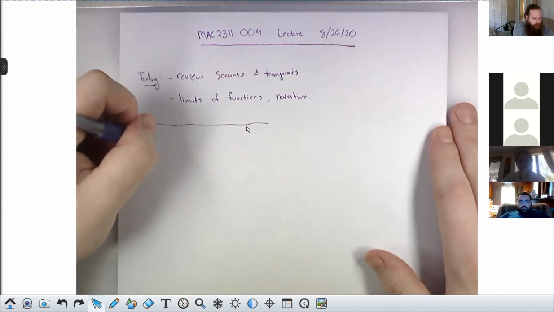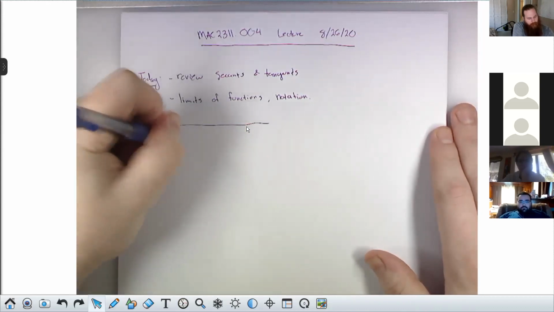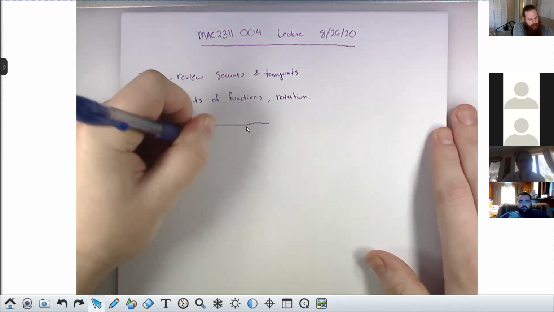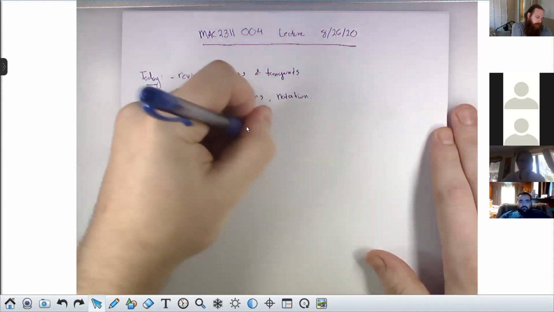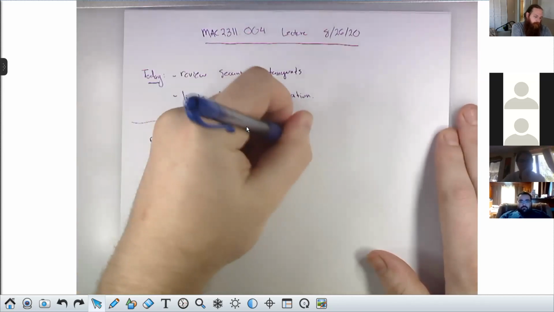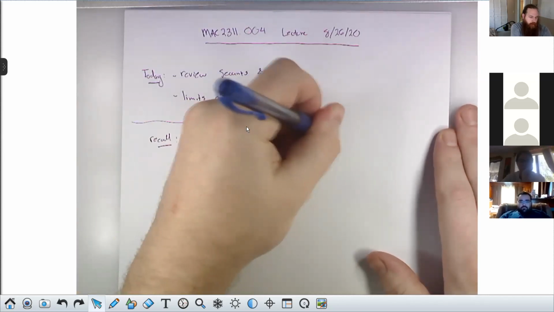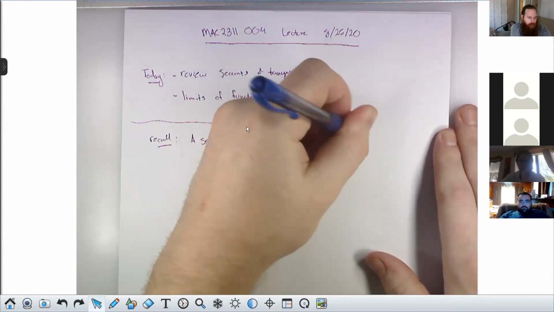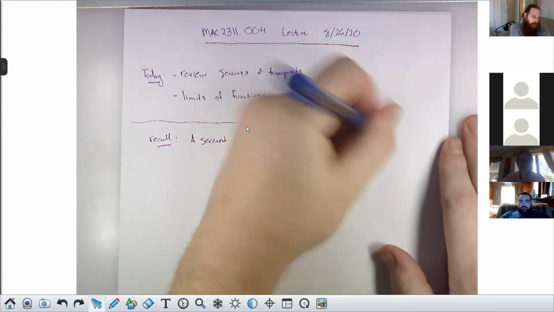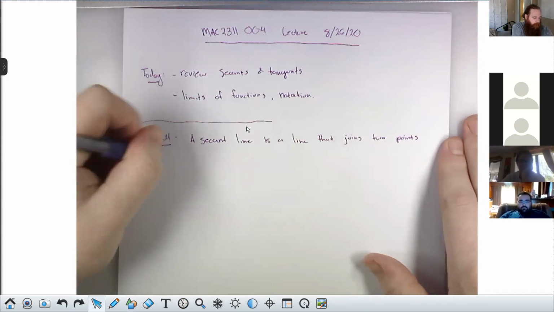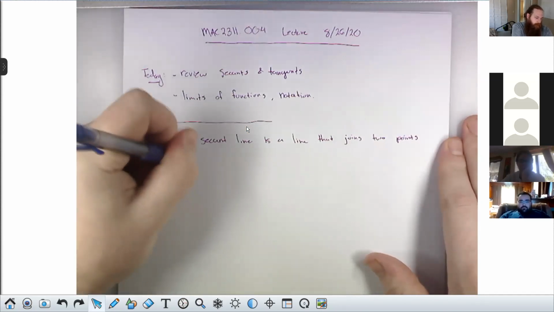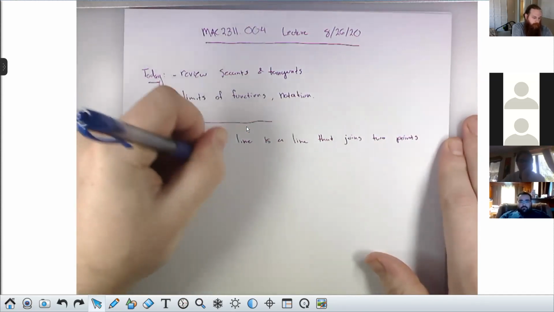All right. So recall, a secant line is a line that joins 2 points on the graph of a function.